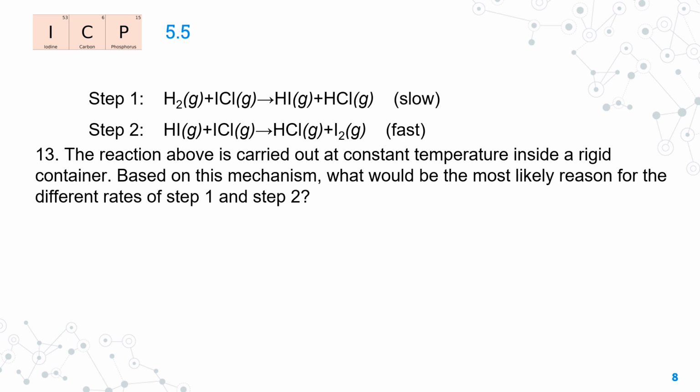So if we look at these two steps, they look pretty similar. We have two bimolecular reactions. So they're both bimolecular. They're all gases, so they have the same state of matter, which is another thing that can speed up our steps. And so it has to lead to the energy.